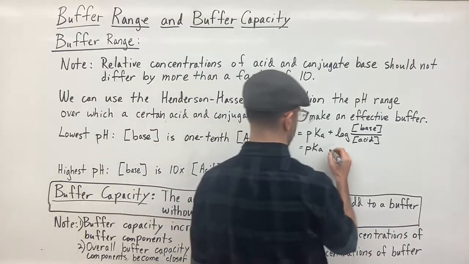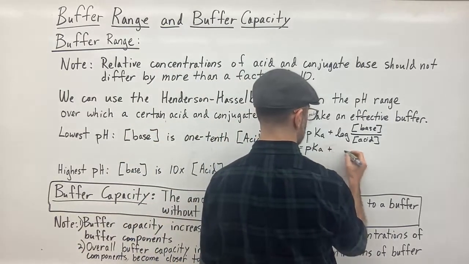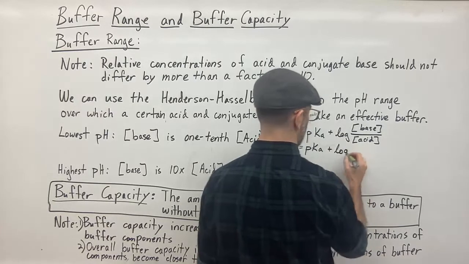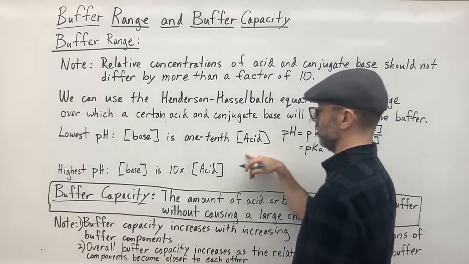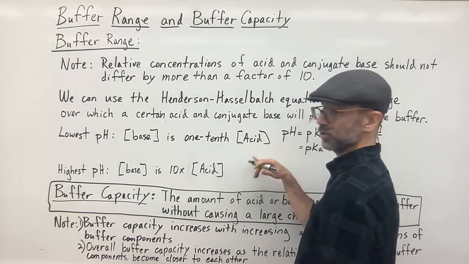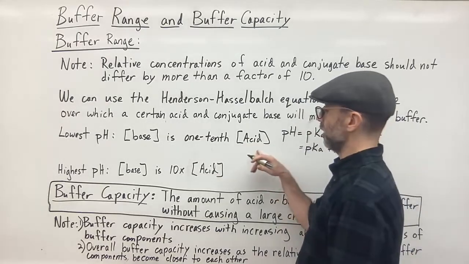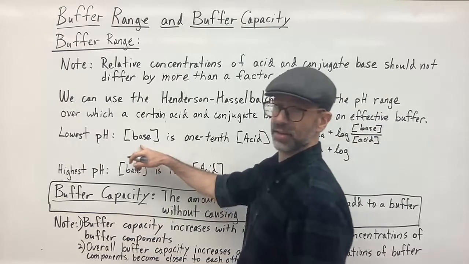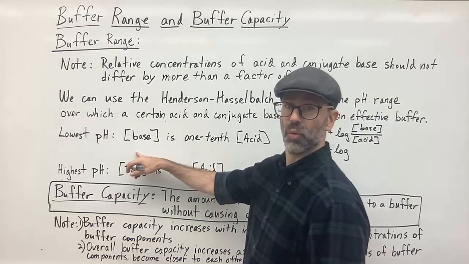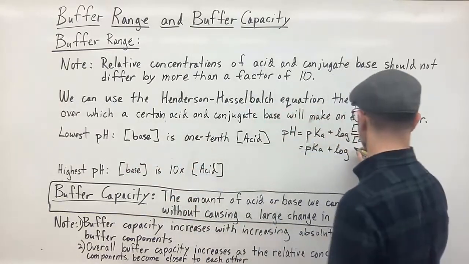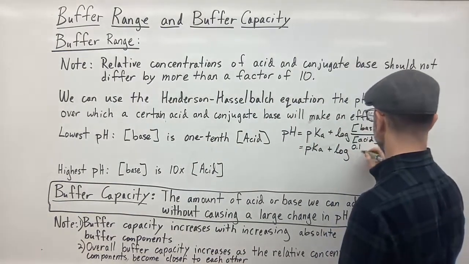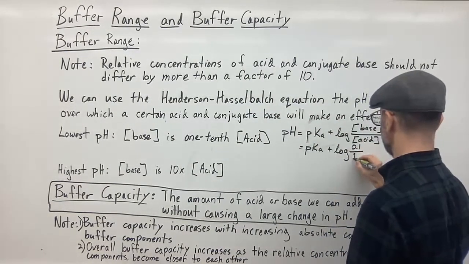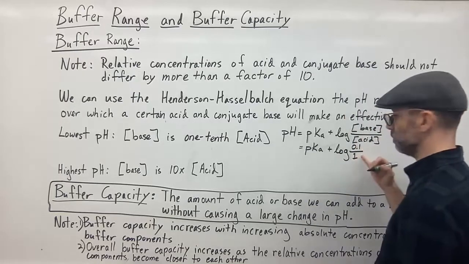Then plus the log of, if the acid is 1, say 1 molar, then the base is 1/10 of 1 molar, so 0.1 molar. So the base is 0.1 and the acid is 1, and so that's 0.1.